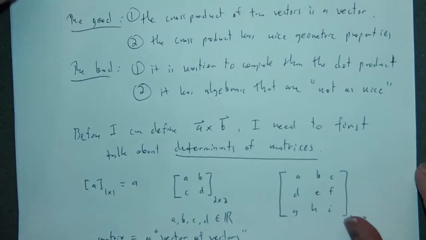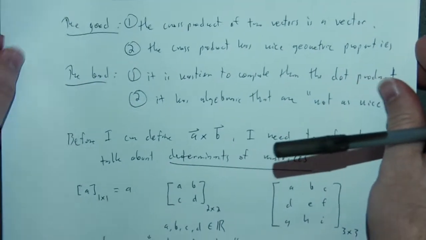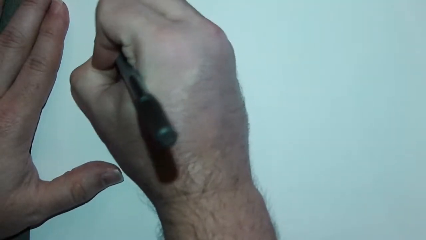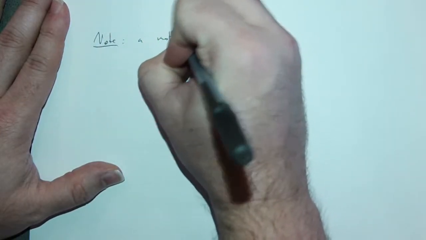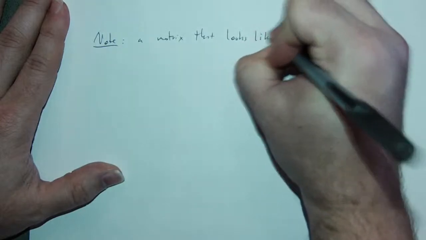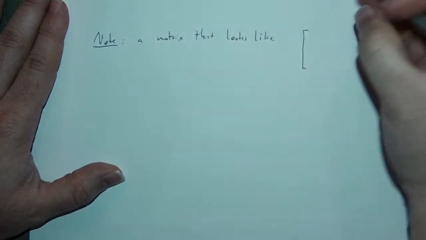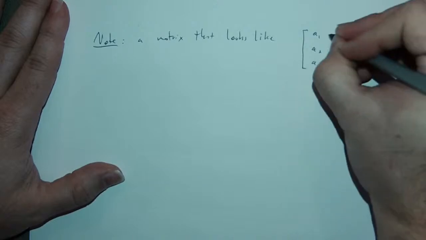One quick thing I will say. Note, a basic example of a matrix is a vector. Note, a matrix that looks like this, let's write it like A1, A2, A3.